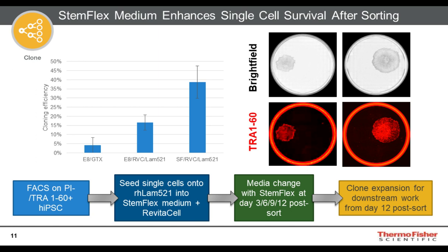However, when we introduced our new StemFlex medium into the system, we were all of a sudden getting clone survival in the 30 to 50% range, which is really a dramatic increase in the efficiency. And as you can see on the images on the right-hand side, the single cell clones have a normal pluripotent morphology and are staining really nicely for pluripotent markers.